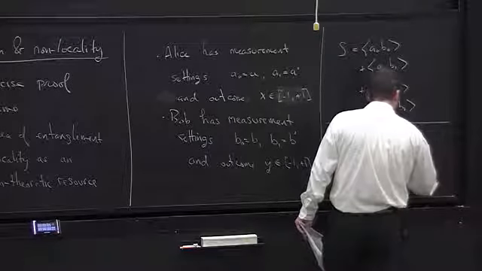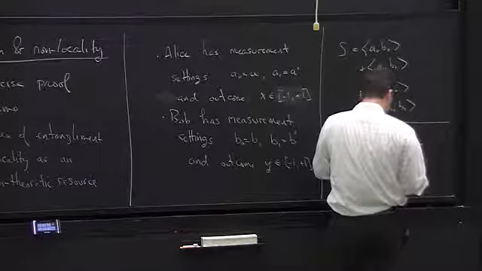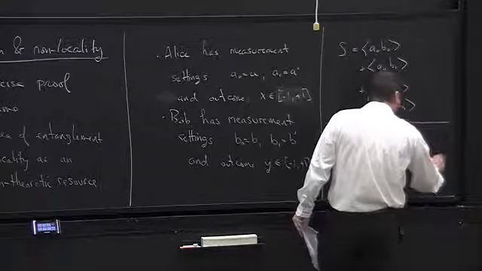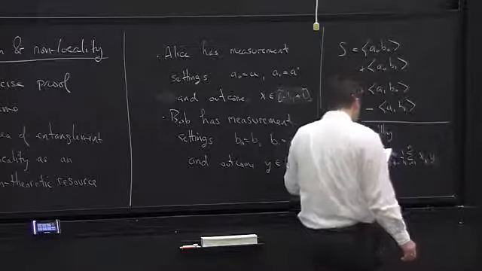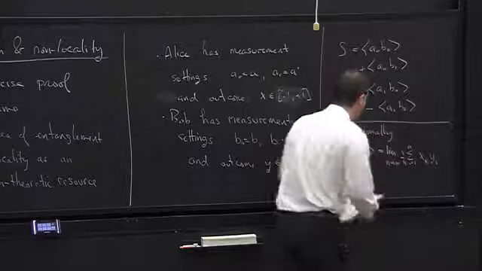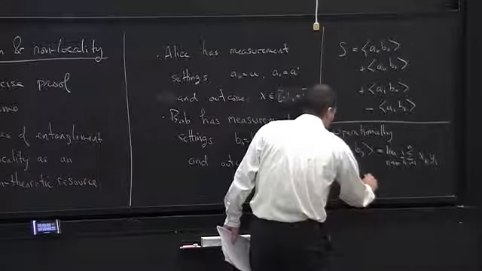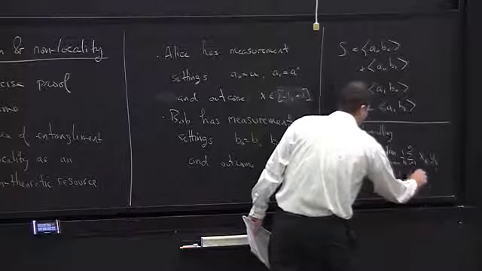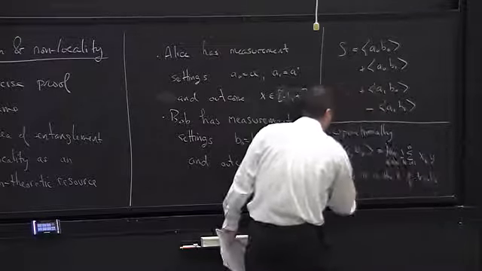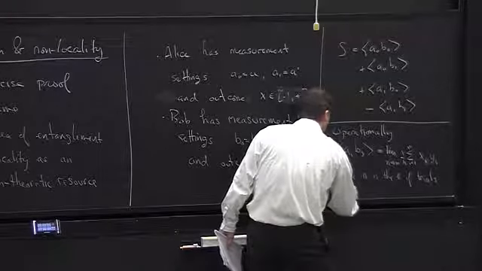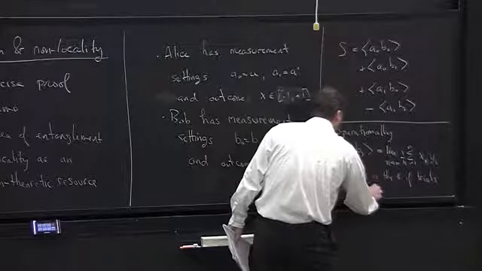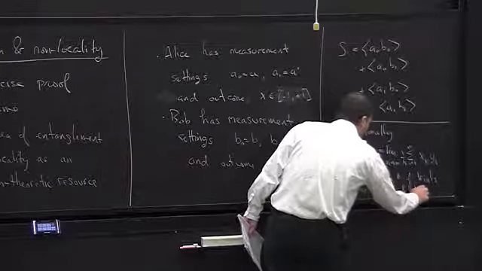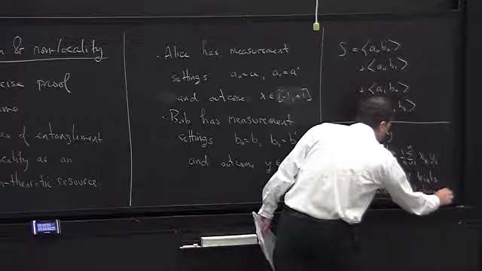x_l y_l, where it's understood that n is the number of trials such that Alice chose Ai and Bob chose Bj.